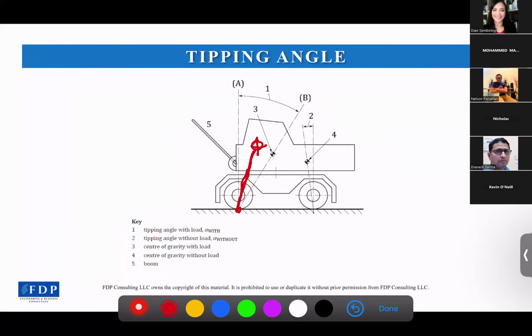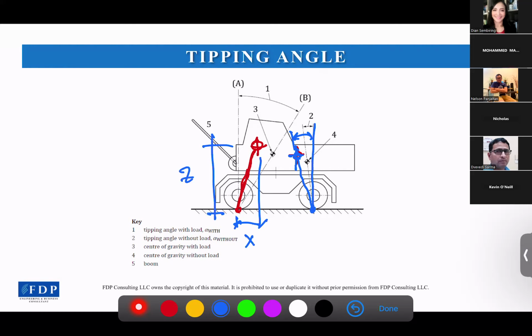But if the COG that we have calculated is close to the rear tipping point, let's say here, then it will be measured from the rear tipping point here. So the tipping angle will be like that. We could simply use tangent: the horizontal distance divided by the vertical distance here.